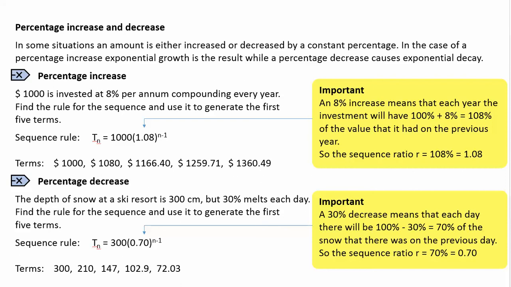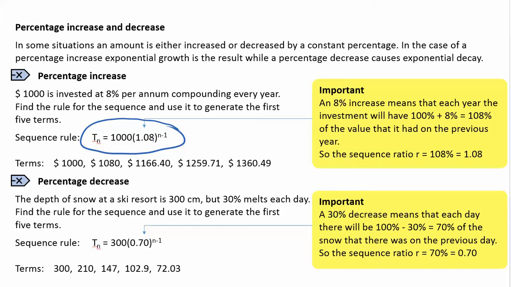In some situations, we'll be looking at where an amount is increased or decreased by a constant percentage. Now, this could be, for example, some compound interest questions, or perhaps somewhere where we're dealing with a constant percentage decrease. When we're dealing with a percentage increase, you'll notice we call it 108% or 1.08.